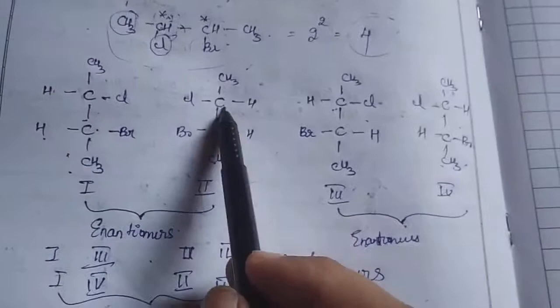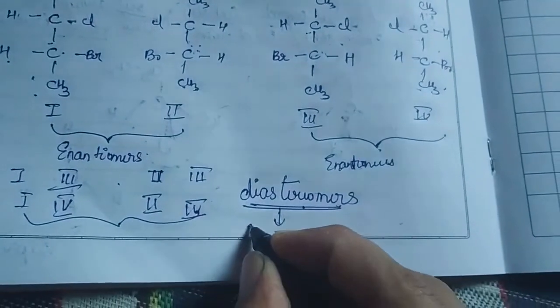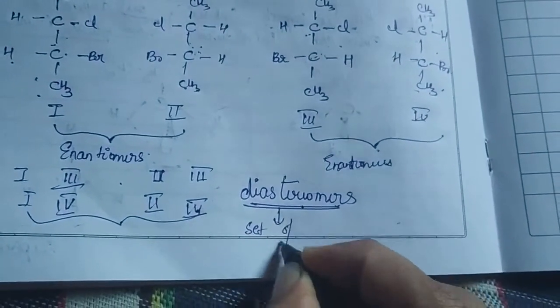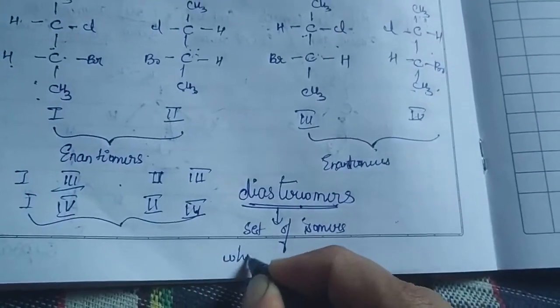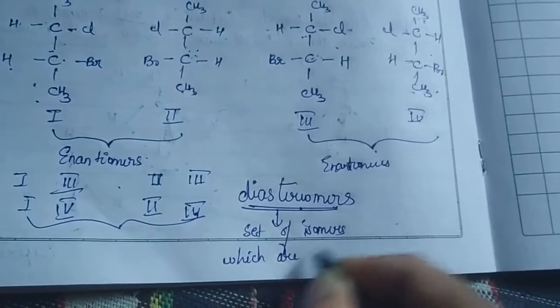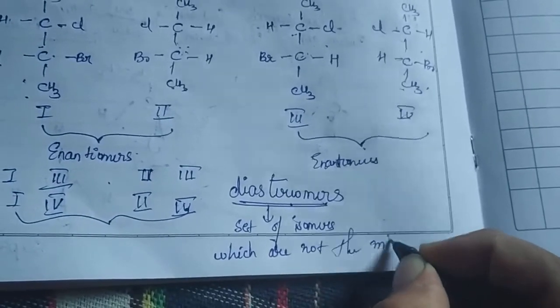So considering these, they are not mirror images, but they are sets of isomers. They are the sets of isomers which are not the mirror images of one another.